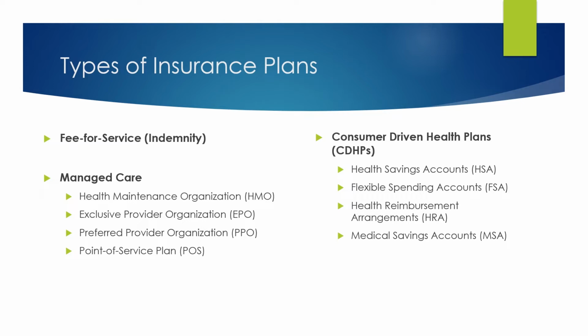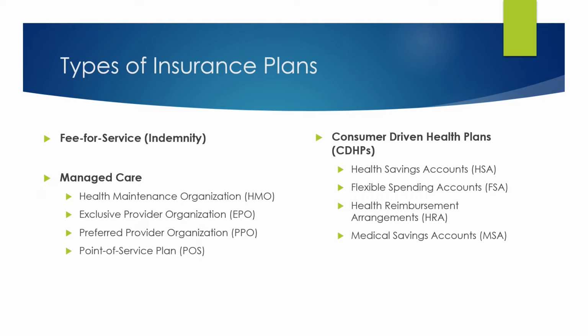There is the flexible spending account or arrangement called an FSA, the health reimbursement arrangement or account, HRA, medical savings accounts, MSA, and health savings accounts, the HSA. Health savings accounts essentially allow enrollees to set aside pre-tax funds for eligible healthcare expenses, which includes things like copays and deductibles, but not premiums. And the funds earn non-taxable interest and then roll over year to year.